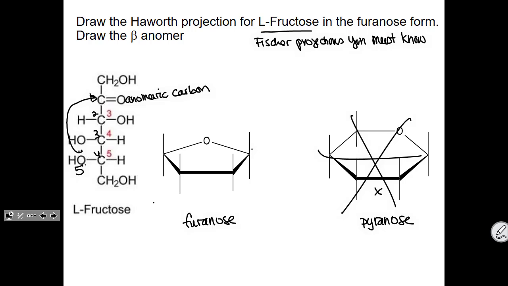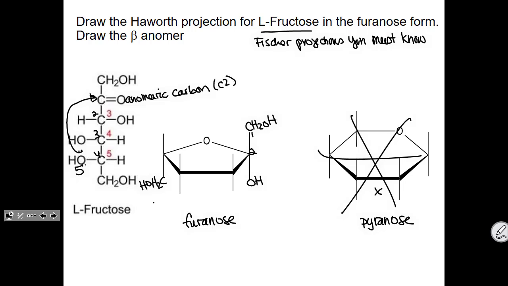We know the rules based off of CH2OH: the L is actually going to point down. Okay, so if we want to have the beta anomer, we'll also have the resulting OH group point down as well. This CH2OH group is actually carbon number 1. The anomeric carbon is carbon number 2.